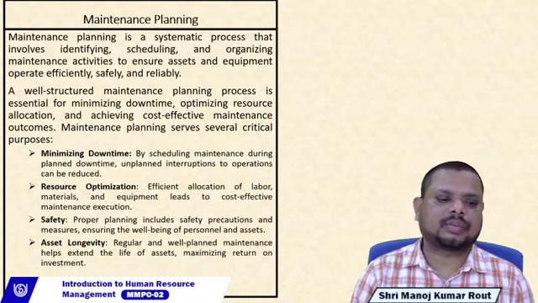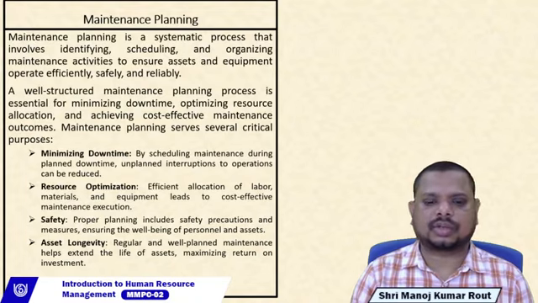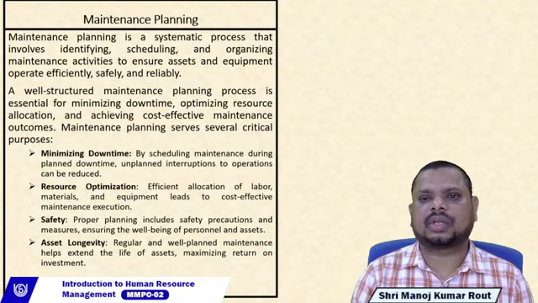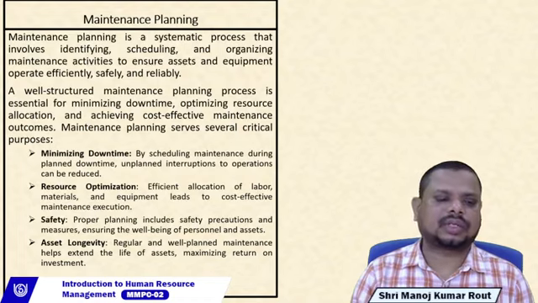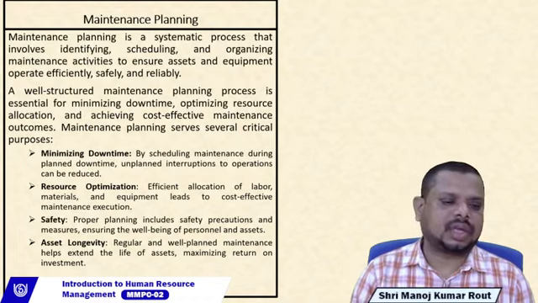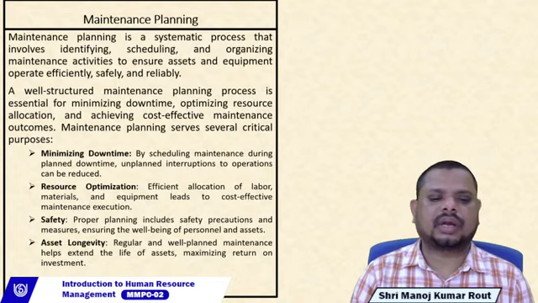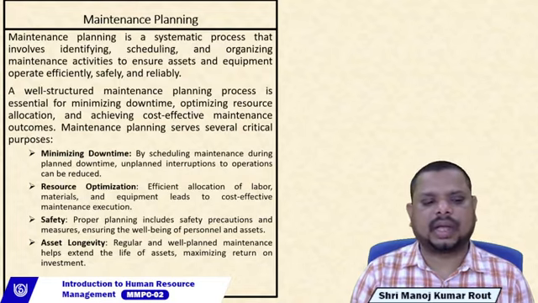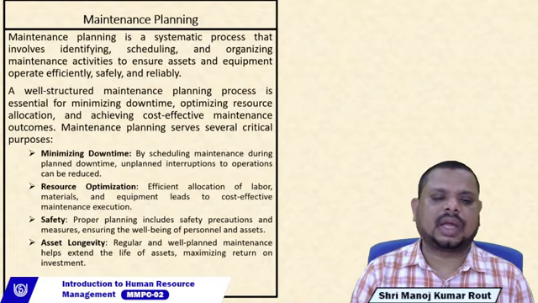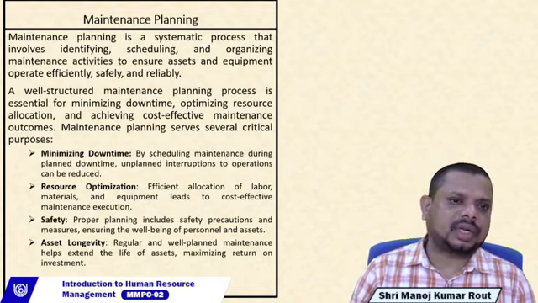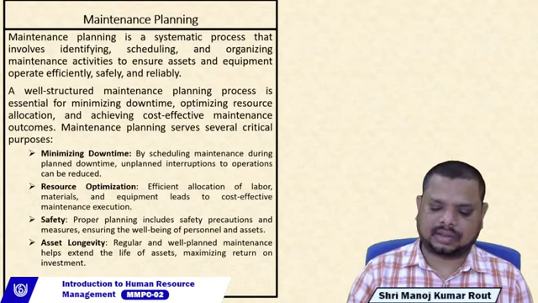Similarly for safety, proper planning includes safety precautions and measures and ensures the well-being of the personnel as well as the assets. And the last one is asset longevity: regular and well-planned maintenance helps extend the life of assets and maximize the return on investment. So these are the fundamental concepts of maintenance planning.